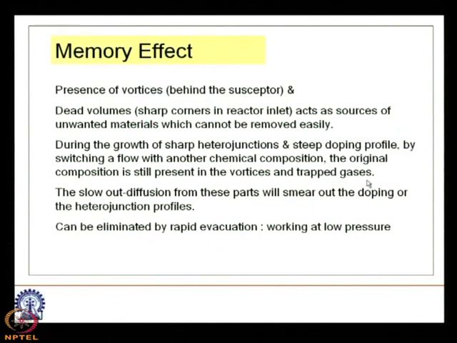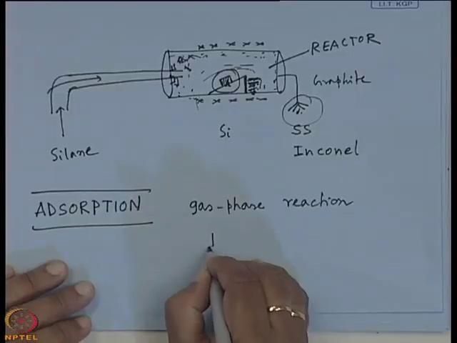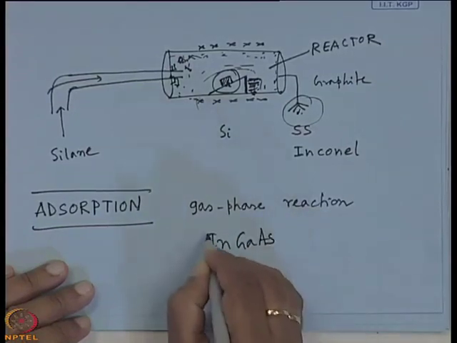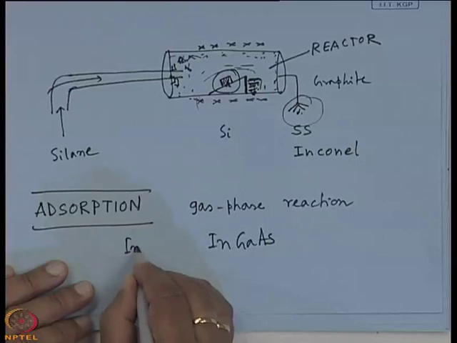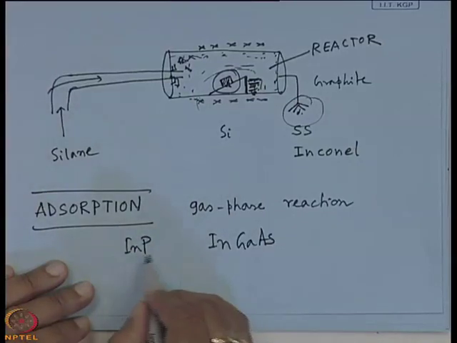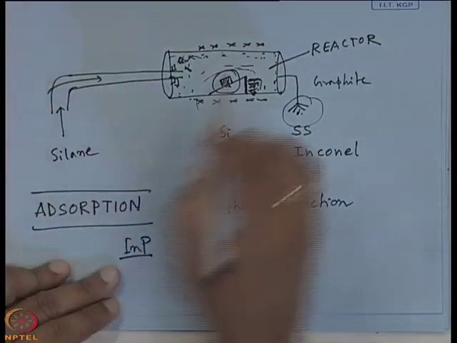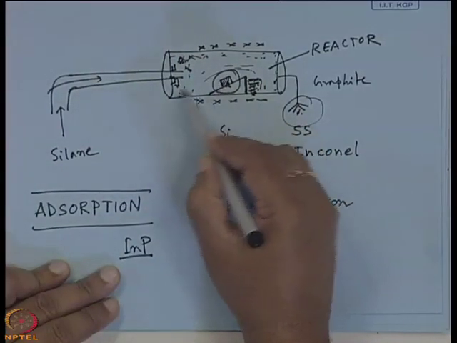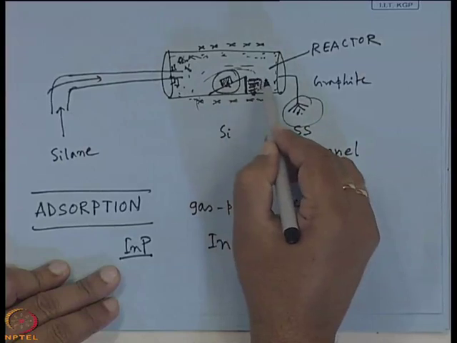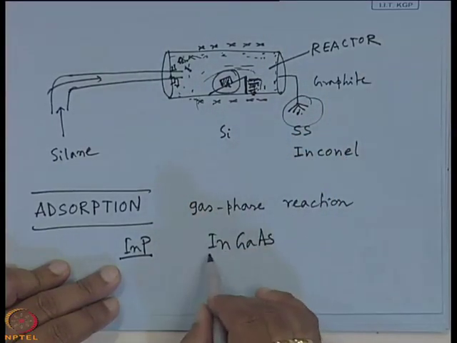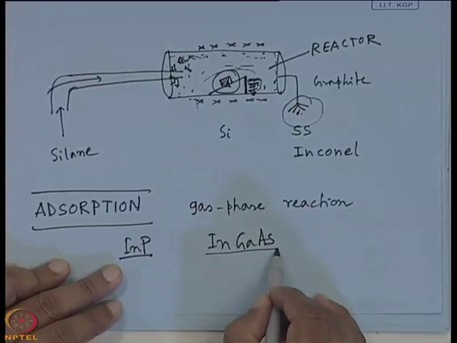That means, suppose you want to make indium gallium arsenide on indium phosphide. First you grow indium phosphide, that means when you are growing indium phosphide, indium and phosphorus are coming inside the reactor chamber. Then as soon as you would like to grow indium gallium arsenide, what is the next step?